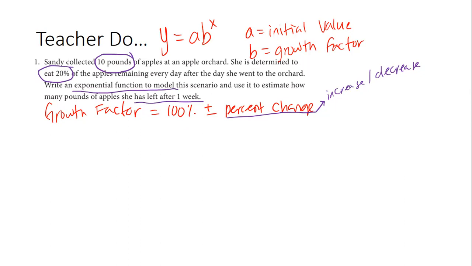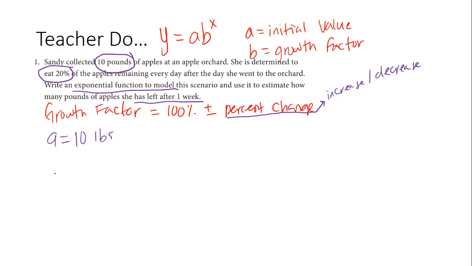After I mark the text, I'm going to see how what I marked applies to my model, right? So now we've marked our text, and we're going to look and see how this applies to our model. So I need to know a, initial value, and b, growth factor. So a, out of what I've circled, what is my a? 10, the 10 pounds. That's the initial amount. Agree? Okay.